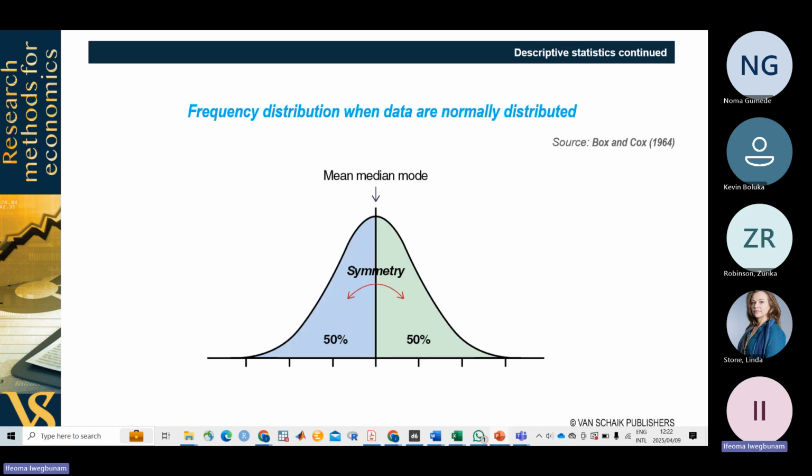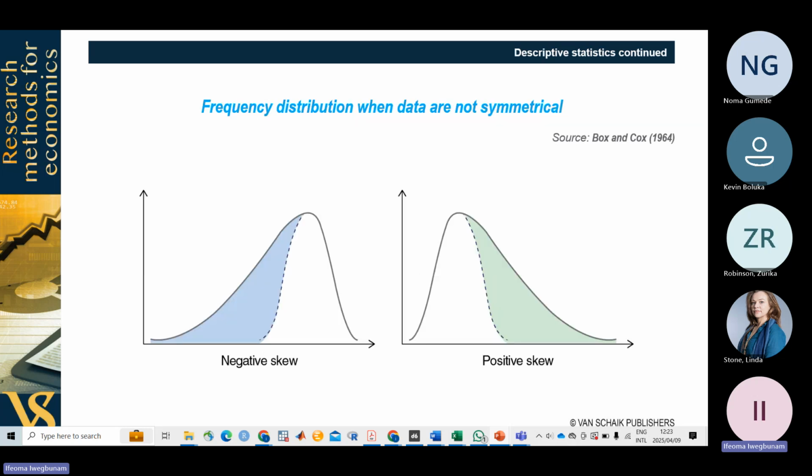Then there is what we call the frequency distribution of a sample. When the data is normally distributed, we have this kind of the mean, median, mode. We have this kind of distribution where everything is within the equal size of the population.